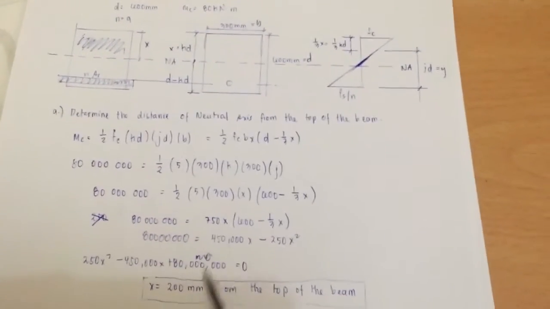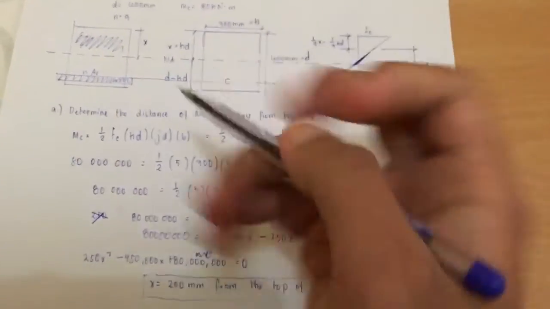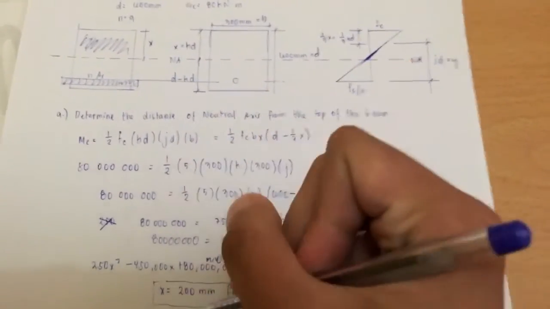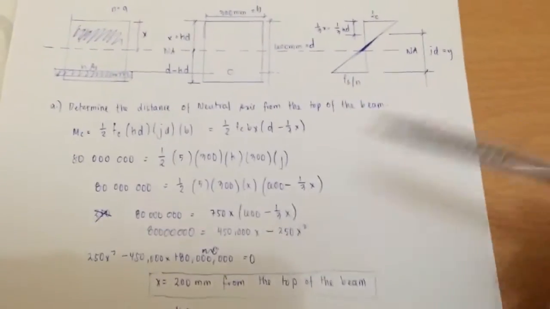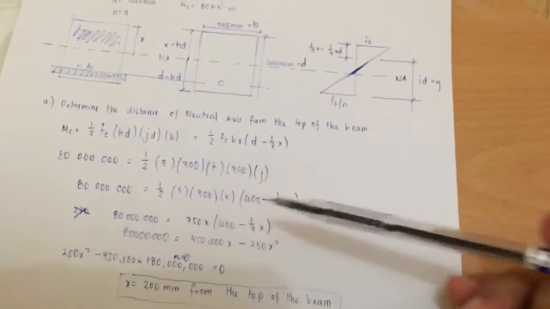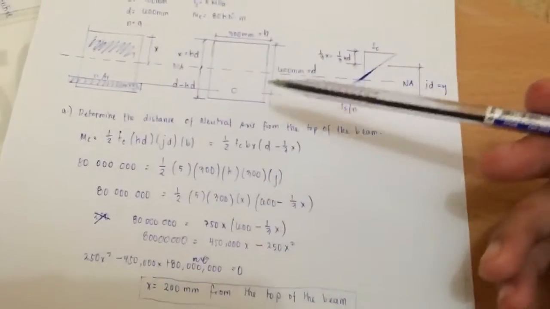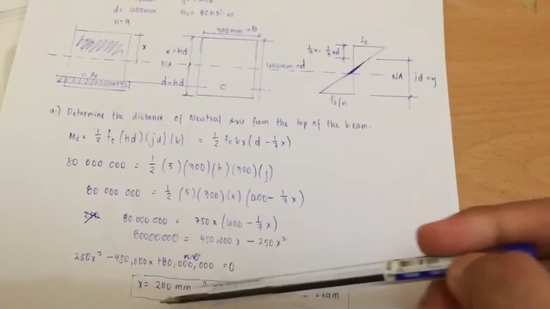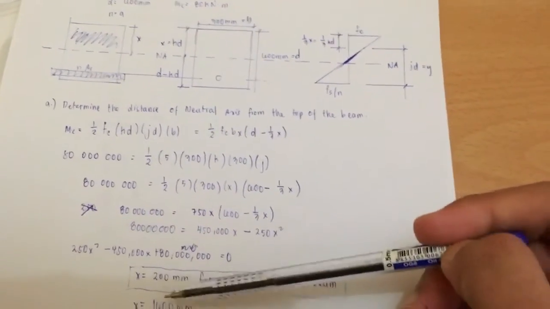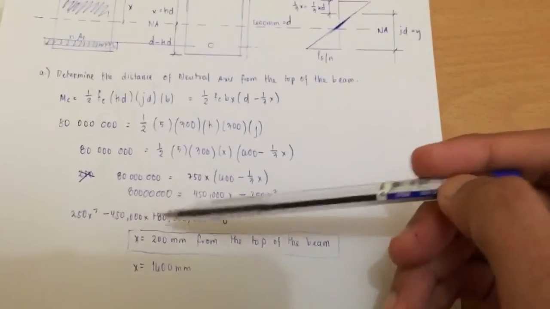The other answer is x equal to 1600 mm, which does not fit the problem because it is located too far. So that's why we use 200 mm as our correct answer.